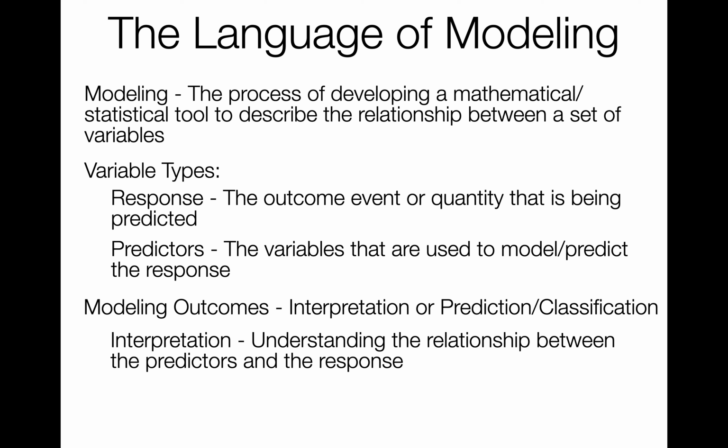And so interpretation, what I mean by interpretation, is understanding the relationship between the predictors and the response. So when I model something, I'm really interested in which one of the predictors matters the most in predicting the response or modeling the response. So if you're in Stats 2 right now, which I know a bunch of you are, you have a lot of experience, or hopefully you have a lot of experience with this interpretation type stuff.